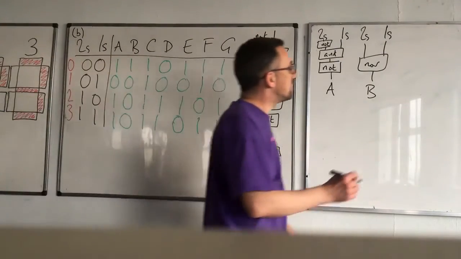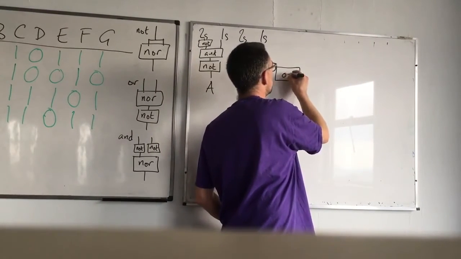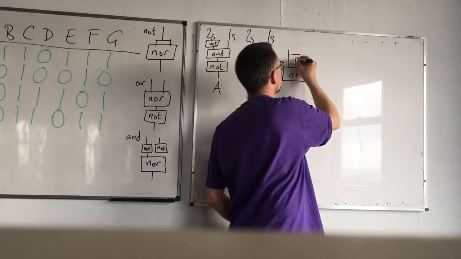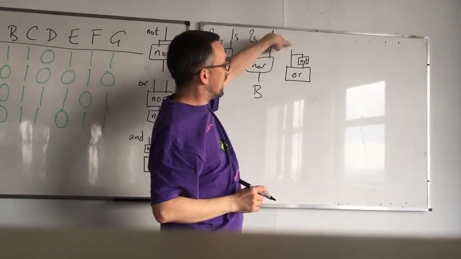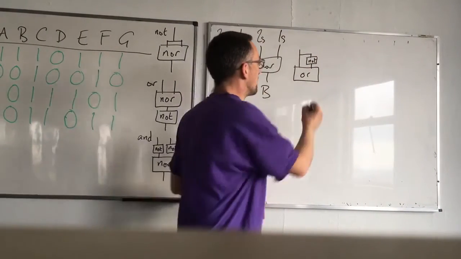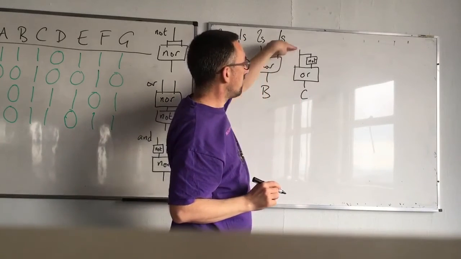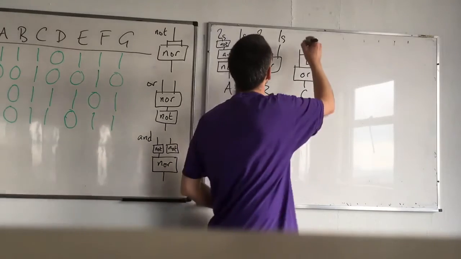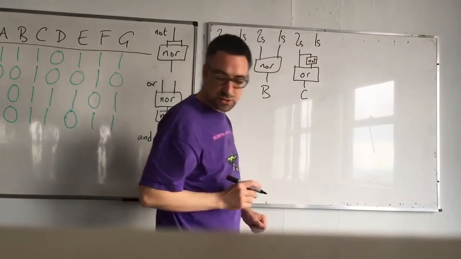Well, the easiest way to do that is to OR something with its negation. If we have a 0 coming in here, we'll get a 1 here, and the OR gate will deliver a 1. If we have a 1 coming in here, then the OR gate will deliver a 1. So we can wire that up to either input. It doesn't matter which.